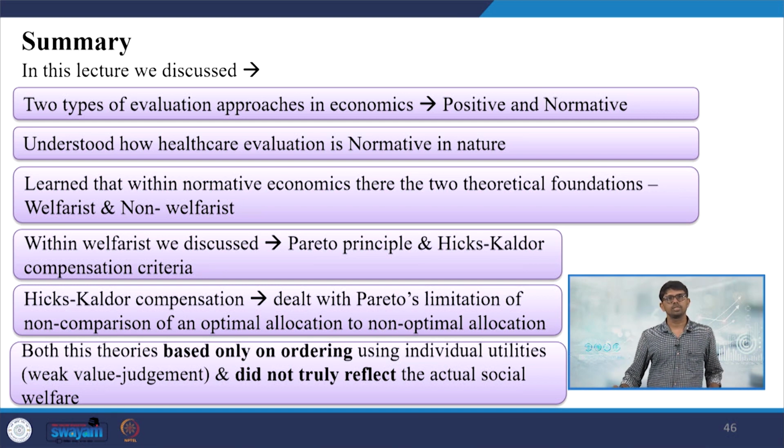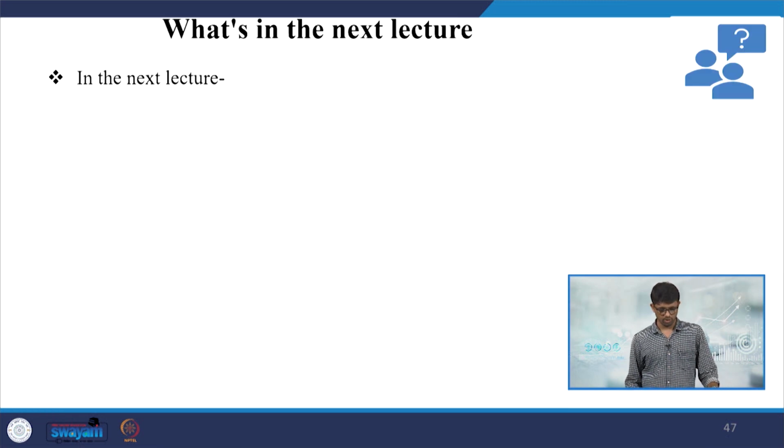Within welfarist we discussed the Pareto principle and Hicks-Kaldor compensation criteria. Hicks-Kaldor compensation dealt with Pareto limitations of non-comparison of optimal allocation to non-optimal allocation. Both these theories are based only on ordering using individual utilities, which is indeed called weak value judgment, and did not truly reflect the actual social welfare.